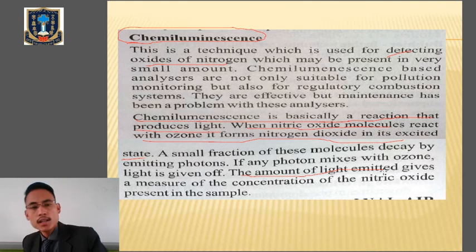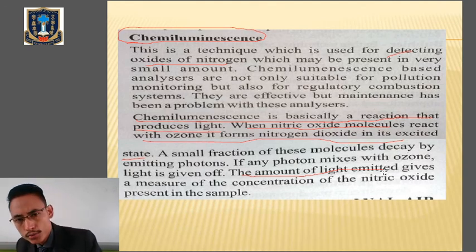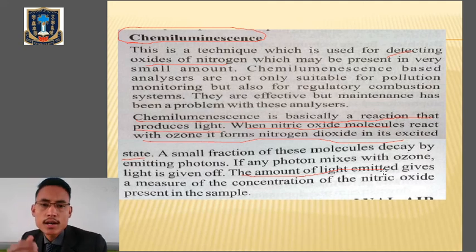So one more time, chemiluminescence is a technique based on the property of light emission, and it is effective for analyzing ambient air samples, but the main problem is maintenance. This technique is used to detect oxides of nitrogen, which are present in very small amounts in the air. Clear?